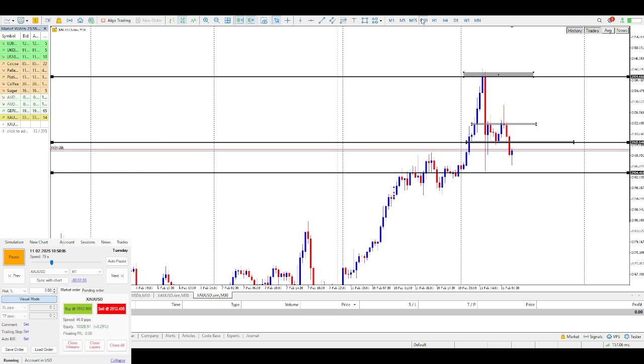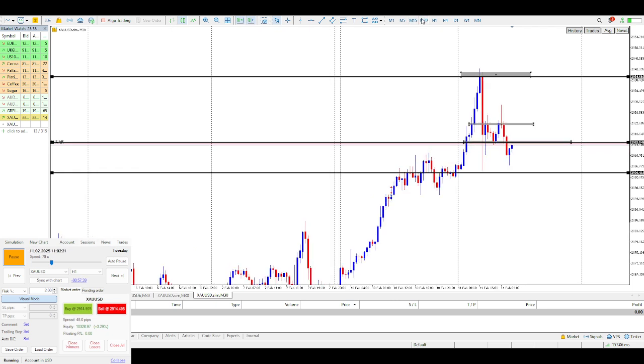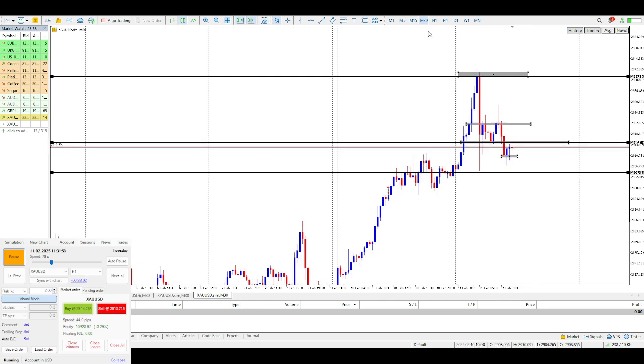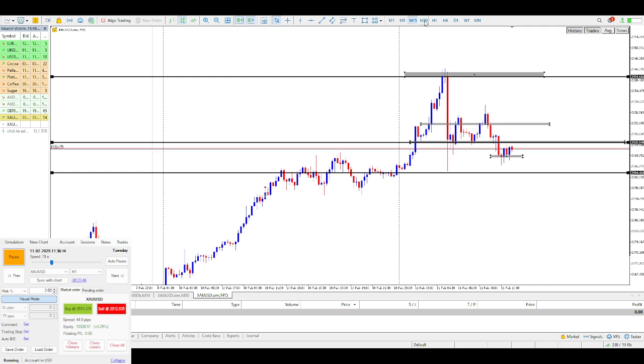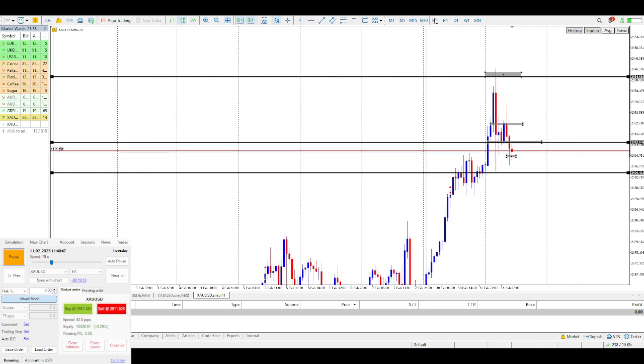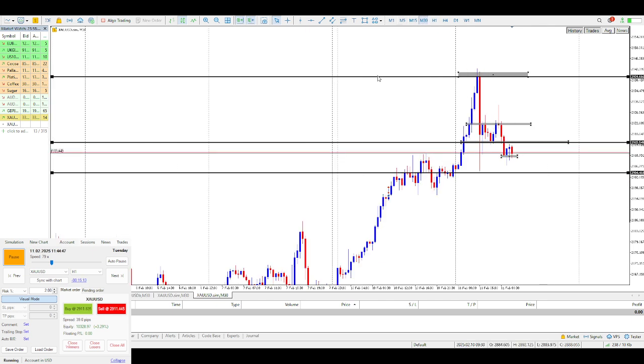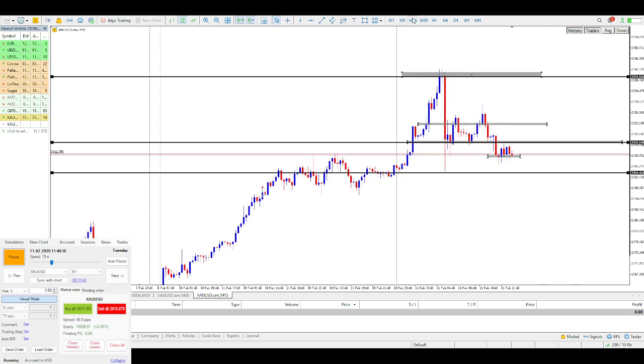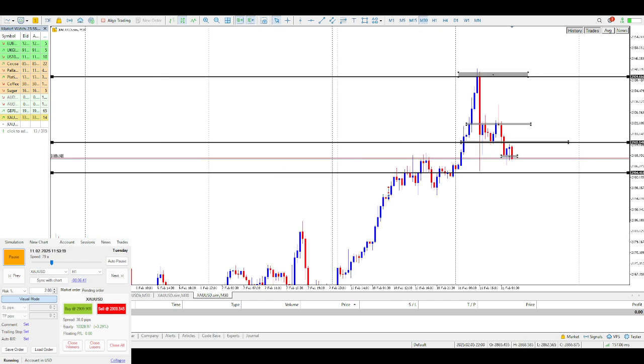I want some retracement. We are in the London session. You can see this candlestick closed weak bullish. Huh?